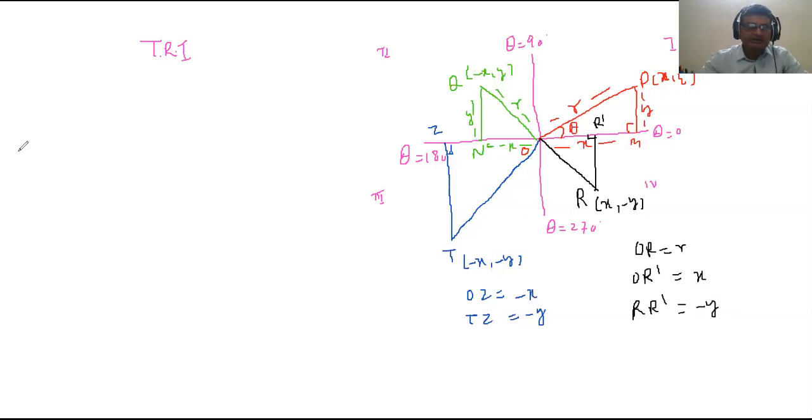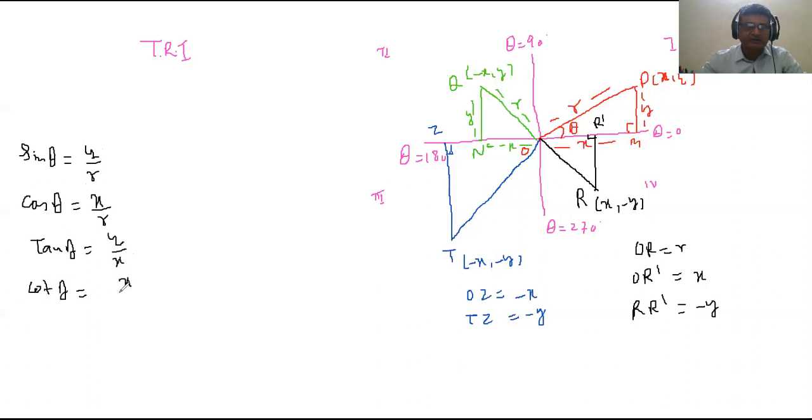So we are taking, say, sine theta is equal to y by r, cos theta is equal to x by r, tan theta is equal to y by x, cot theta is equal to x by y, sec theta is equal to r by x, and cosec theta is equal to r upon y.